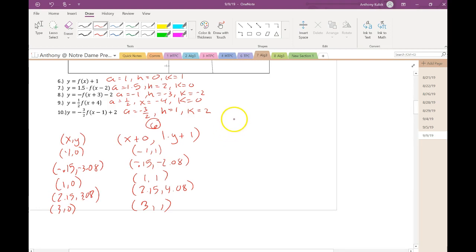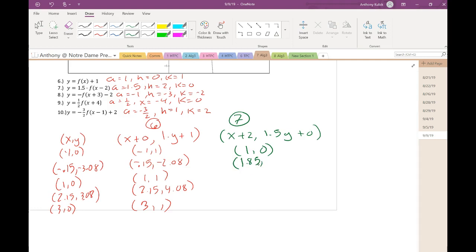So if I'm going to look at 7 then, I have x plus h, comma, a times y plus k. So I have 1, 0. I have 1.85, comma, negative 3.12.